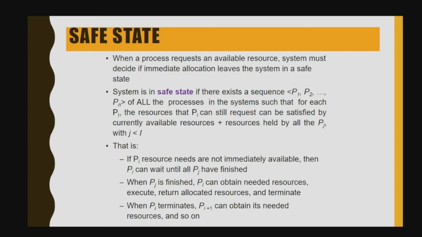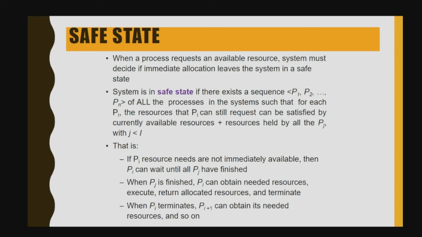So if Pi's resource needs are not immediately available, then Pi can wait until all the Pj finish. Pj holds that resource, and Pi is the process that is waiting for the resource. So Pi can still wait until Pj finishes, so it can pass the resource to Pi.